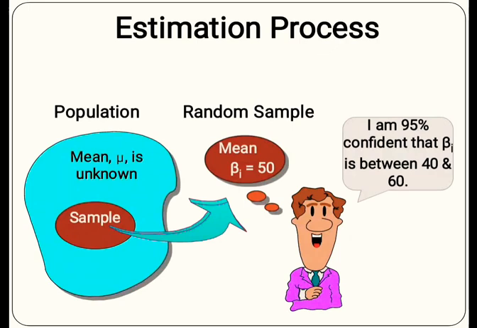A confidence interval provides a range, and here the range is between 40 and 60. This is the phenomenon of confidence interval estimate, explained with a picture.